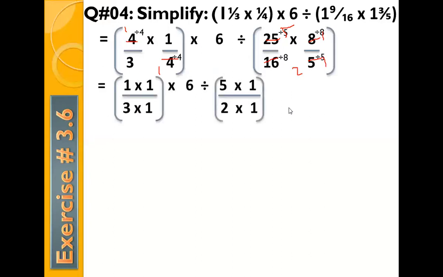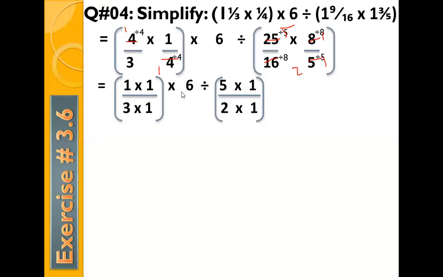Now what I will get here? 1 multiplied by 1 for my numerators, and 3 multiplied by 1 for my denominators. Here multiplied by 6 and divide will remain the same. Please do not touch these things. Then move on to the next bracket: 5 multiplied by 1 and 2 multiplied by 1. Now this is very simple and very easy.